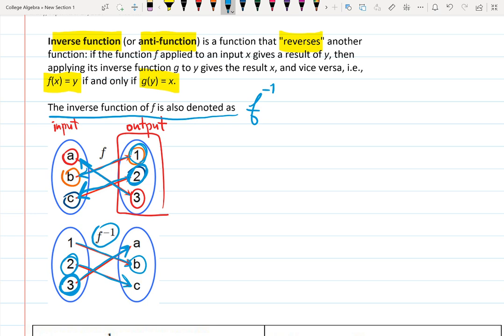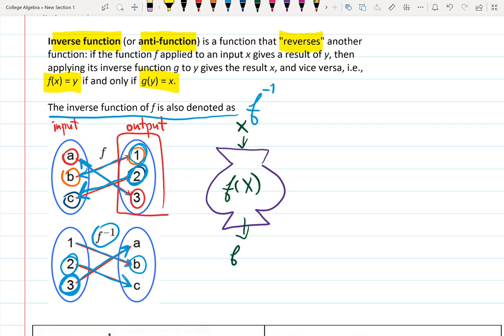If that is still not clear, then let me introduce you to the idea of the machine. Each function is basically a machine that does something with your input. You throw, say, x into the machine f of x. f of x works on your input, doing something, and then gives you the output. Let's call it y, or f of x equals y, right?